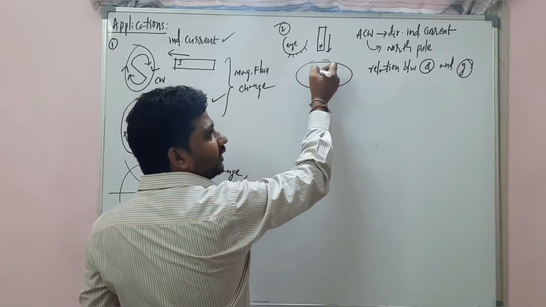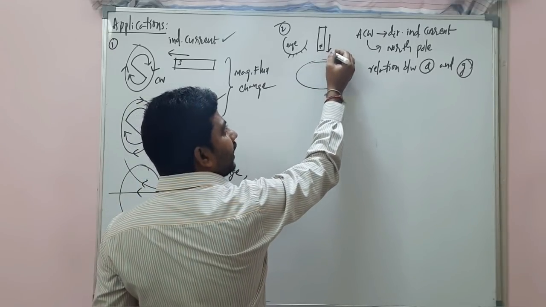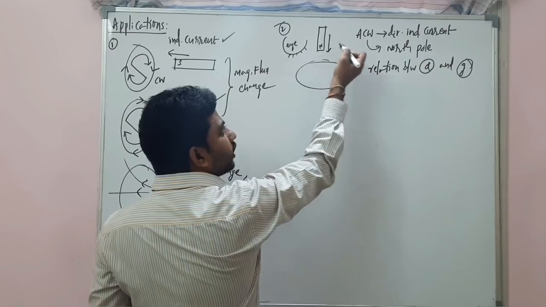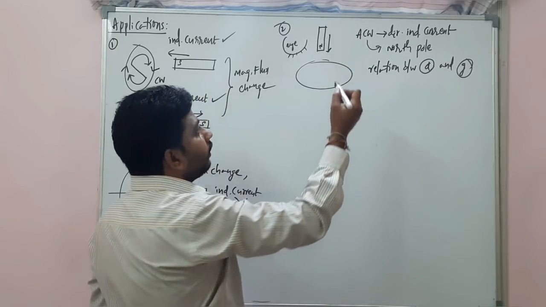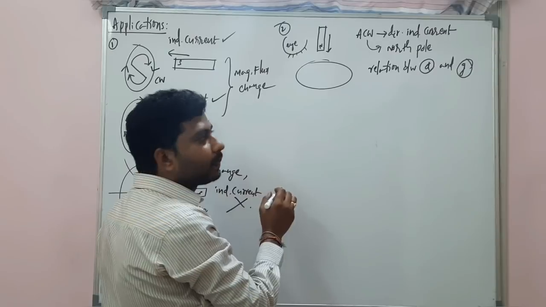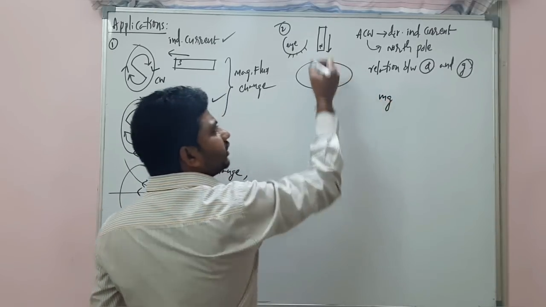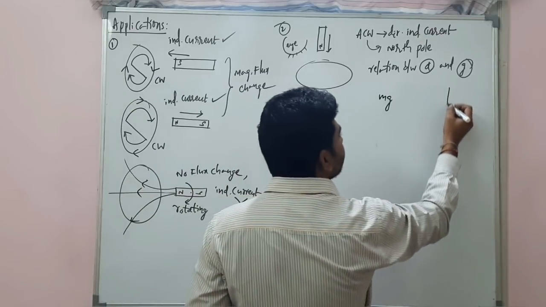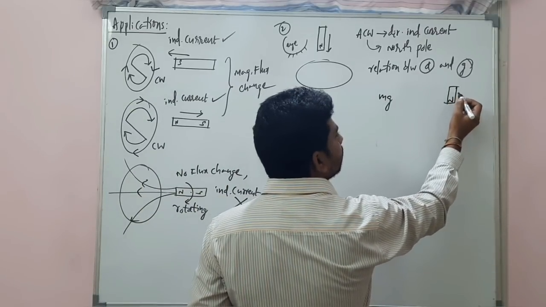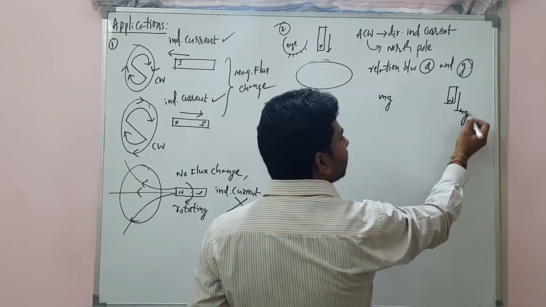Here a north pole is developed, so let me draw the free body diagram of this. mg will be acting downwards, right? This is the magnet here, north pole, and its weight mg will be here.